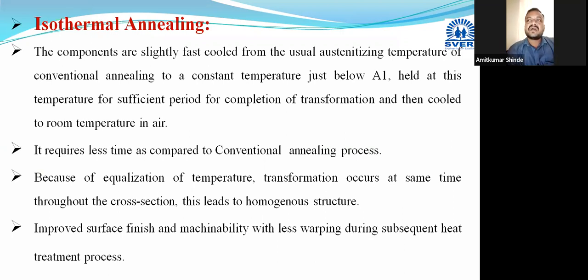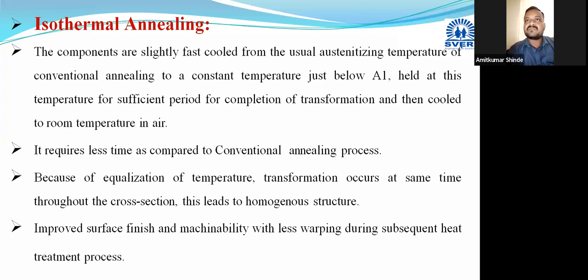And then next is isothermal annealing. I will show you this with the help of a diagram; I'll go through the slides and show you the diagram. In isothermal annealing, the components are initially cooled with a faster cooling rate to just below A1.